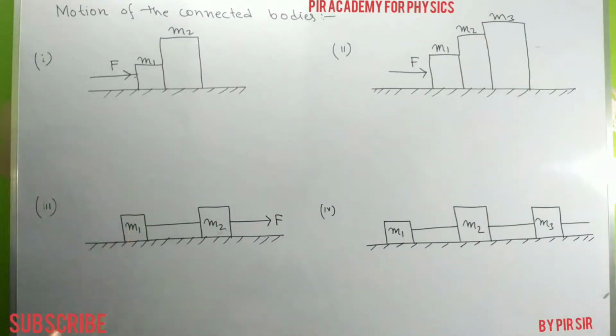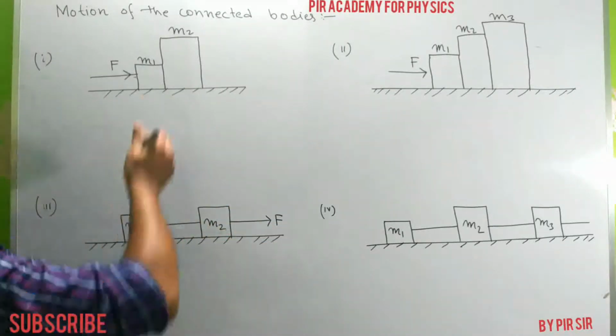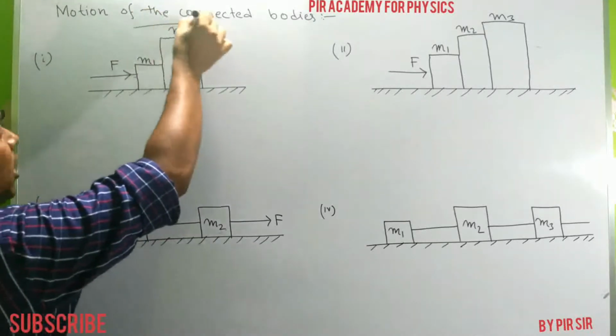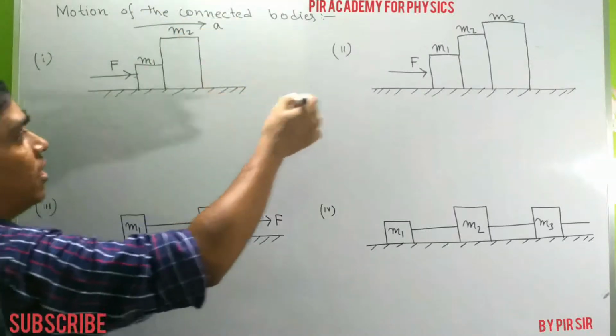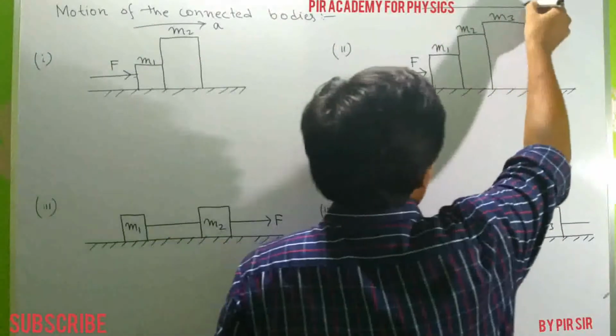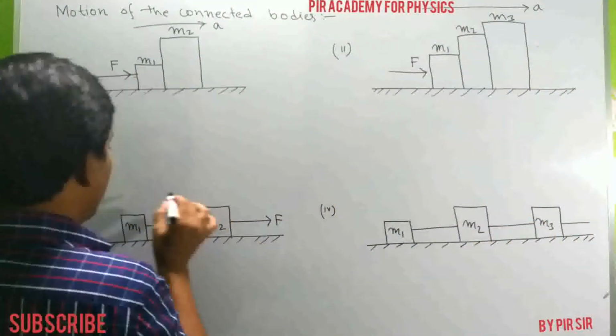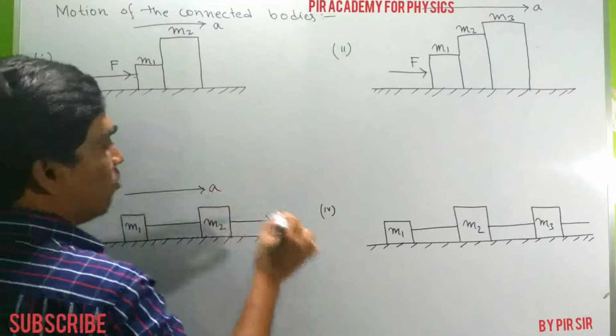You have to discuss all these problems, the total acceleration of the system. Here is the total acceleration of the system, and here also the total acceleration of the system.